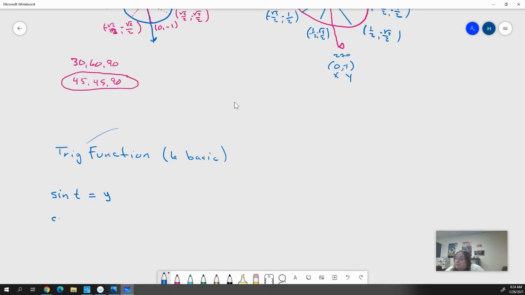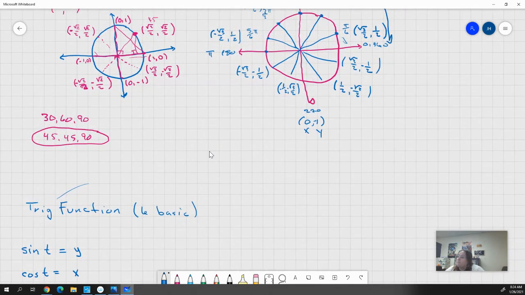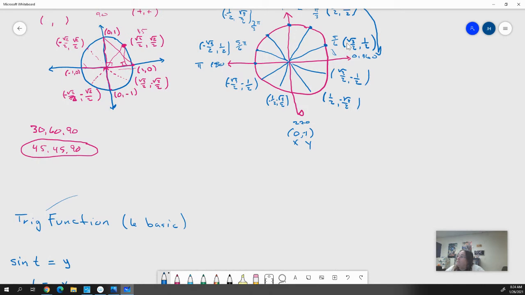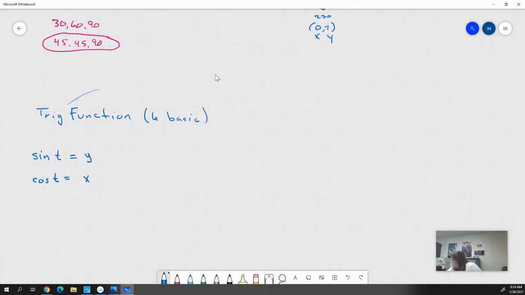Cosine of t corresponds to our x value. So if I said, what is cosine of pi over 6, it would be radical 3 over 2. And we'll show you that more as we get going.